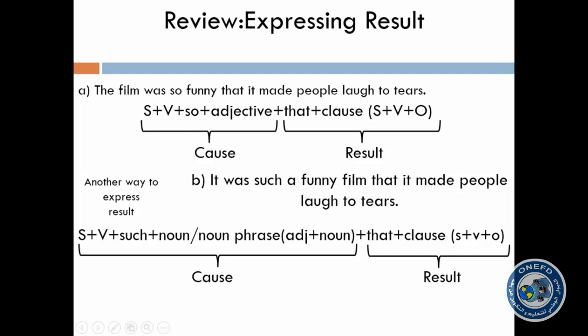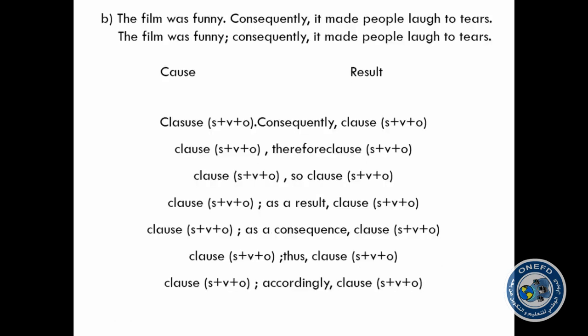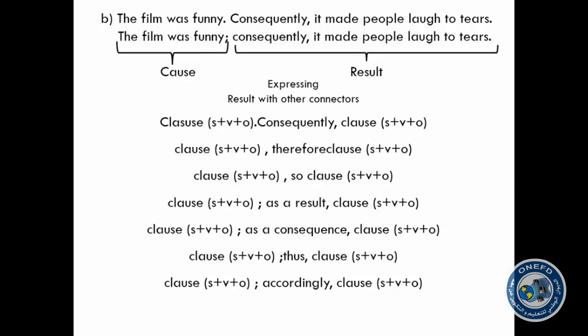So let's move on to another way of expressing result. We use the connector consequently. As you can see, consequently connects two sentences. The first example: the film was funny, consequently it made people laugh to tears.